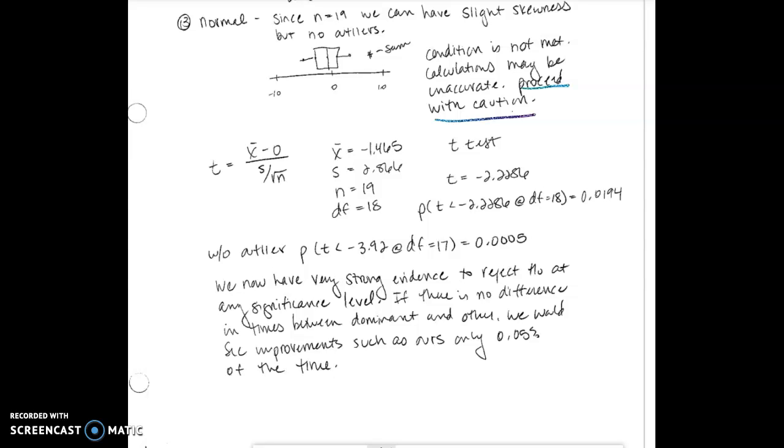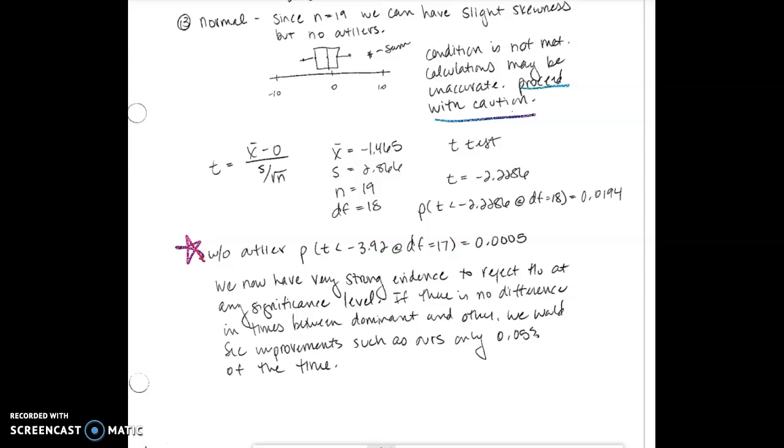And then the t-test was done by the calculator: negative 2.2286 at 18 degrees of freedom. This again would have been done by the calculator, not by the table, or we wouldn't be able to get that exact value.